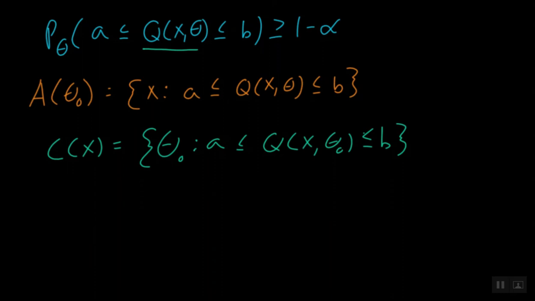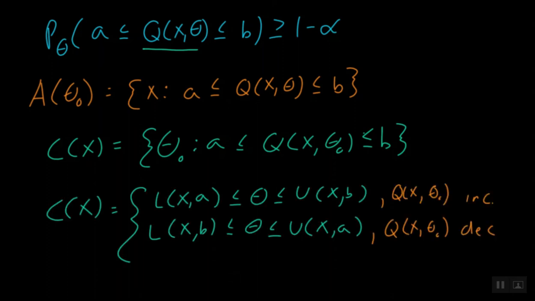And then from here, we can use a test inversion method that we learned in a different chapter to obtain C of x, our confidence interval of our null population mean, such that A is less than or equal to our pivot quantity less than or equal to B. And from here, we can use this 1 minus alpha confidence test, where we can set it up in the following way.